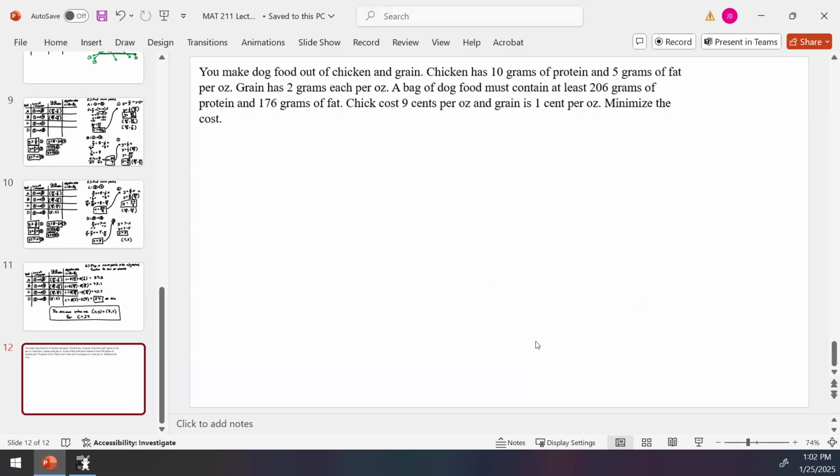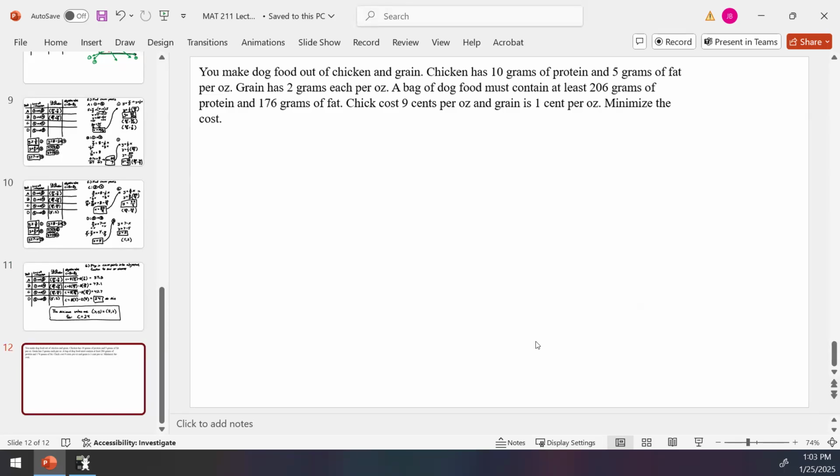So this is an interesting problem in that you have to think about what mix of ingredients will yield the cheapest result, because chicken will cost more than grain. But sometimes you can actually cheat these problems if the cost difference is so dramatic that you can kind of tell what the answer is going to be.